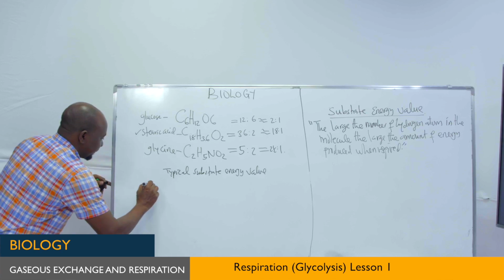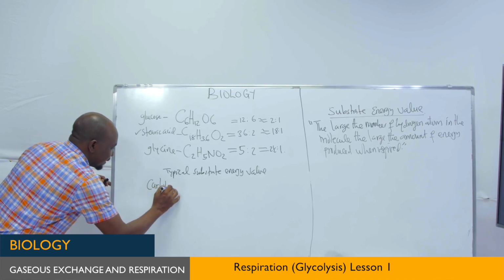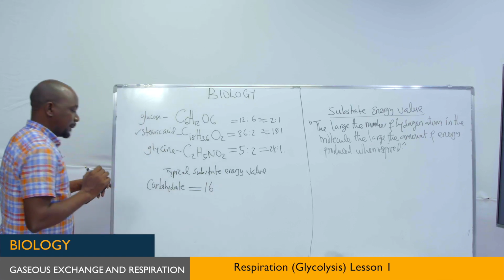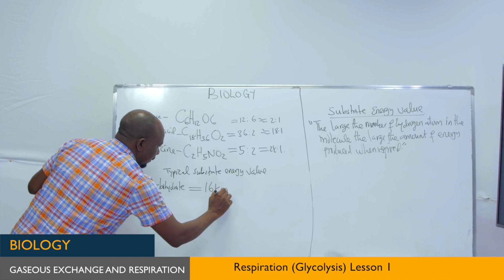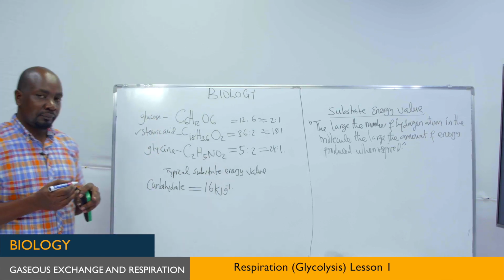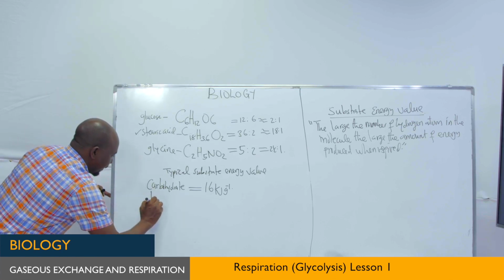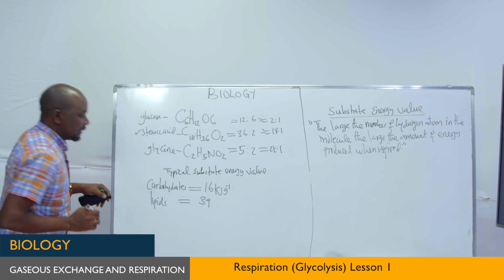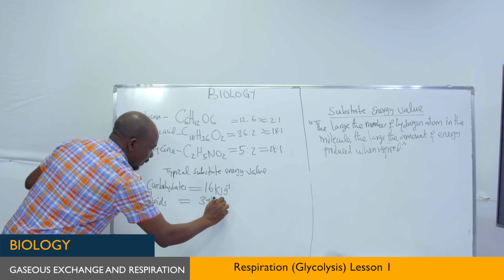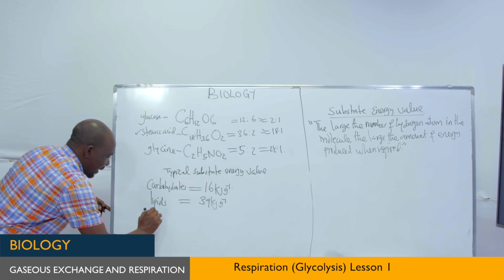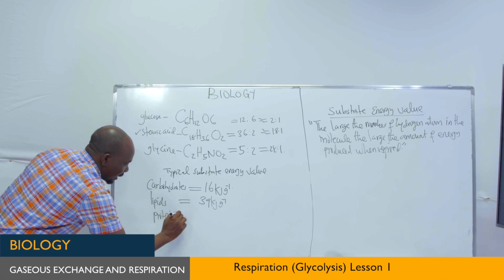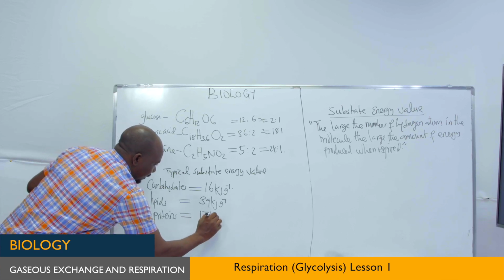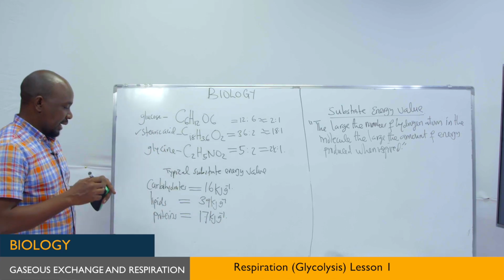When 1 gram of carbohydrate is respired, it gives approximately 16 kilojoules per gram, whereas lipid, when respired, gives approximately 39 kilojoules per gram, whereas proteins, when respired, produce 17 kilojoules per gram.